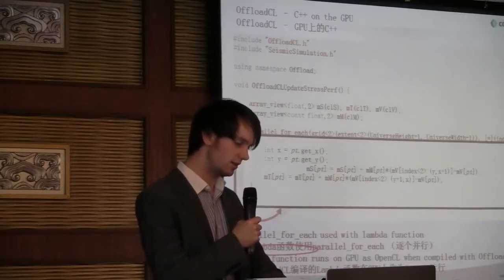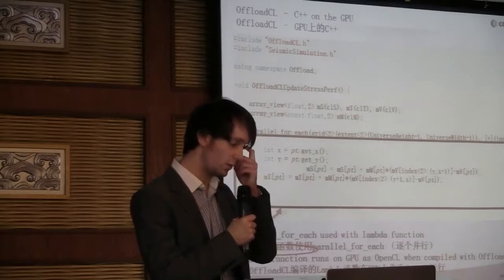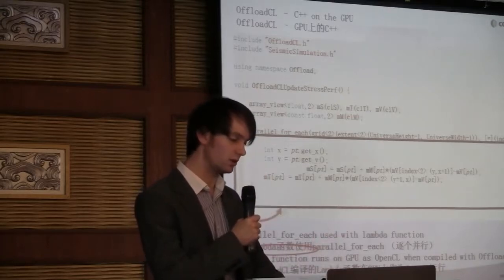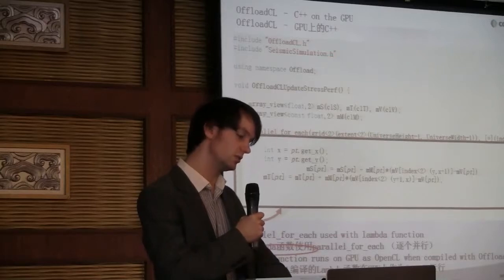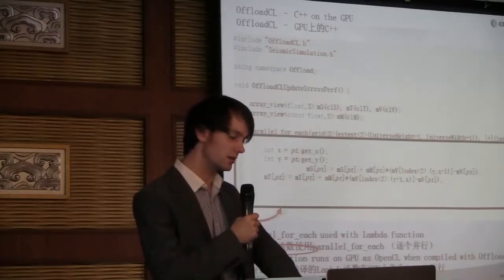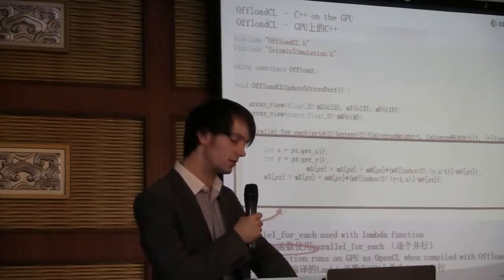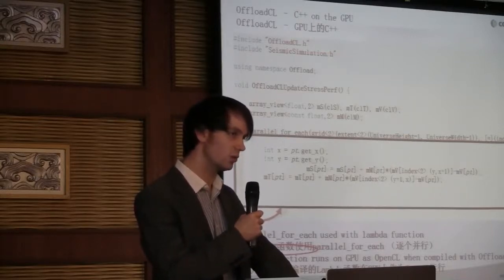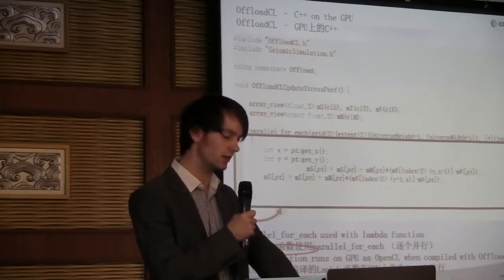This is a very simple example of what we propose for our technology that we call Offload CL. Offload for offloading onto the GPU, and CL for OpenCL. So this code is C++11 or C++0x, which is the next standard for C++. That enables functionality of C++ called a lambda function.